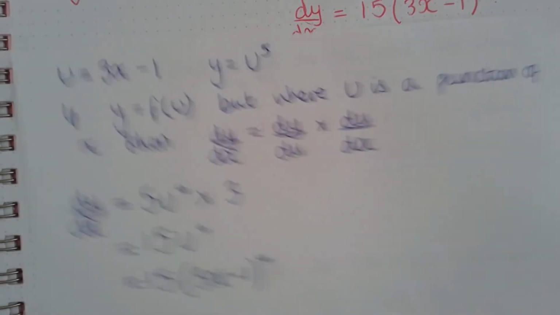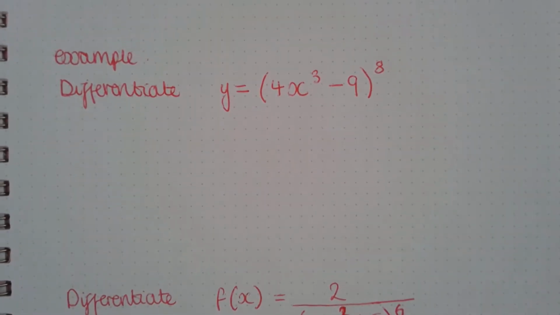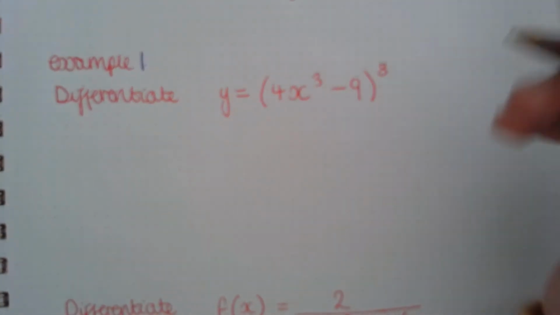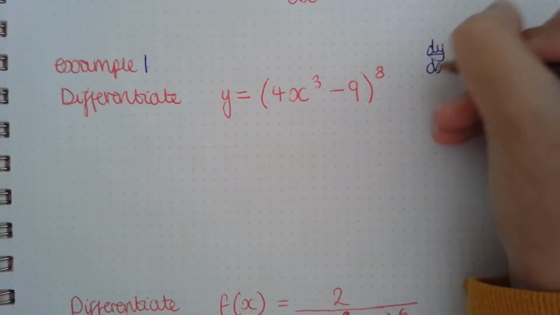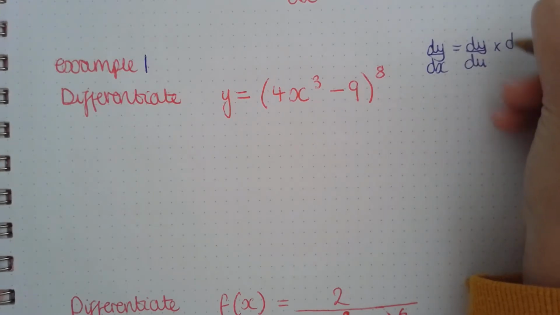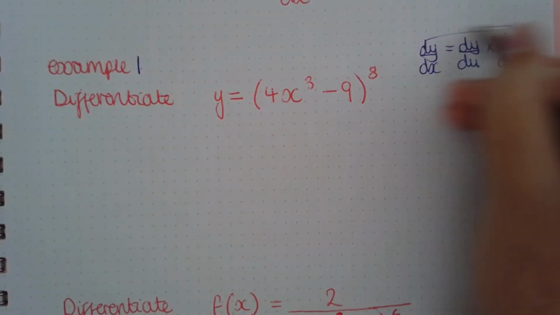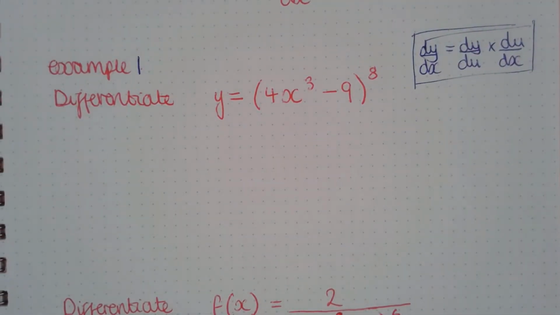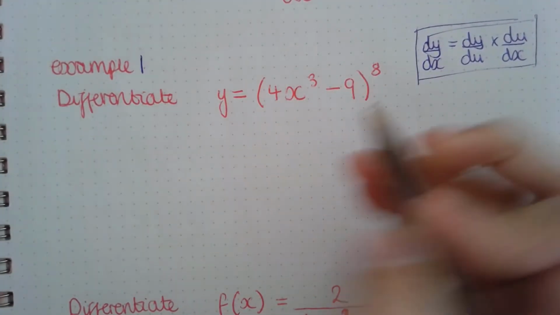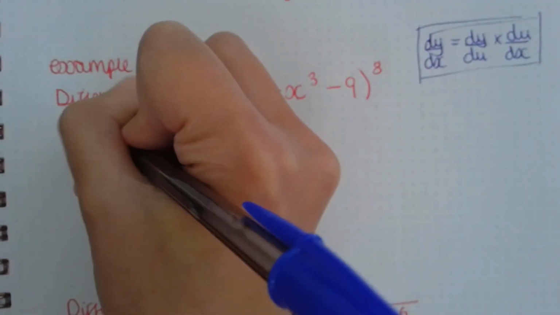So we're going to talk through these examples here. This is the first example that we're going to do, example 1. You can write it down if you need to. So we've got dy/dx is equal to dy/du times du/dx. That is what we use for our chain rule. Remember we set our brackets to u, so u is equal to 4x cubed take 9.